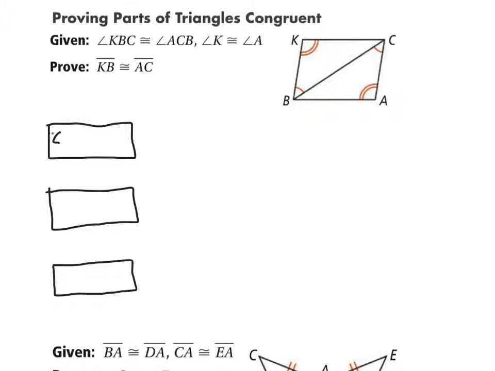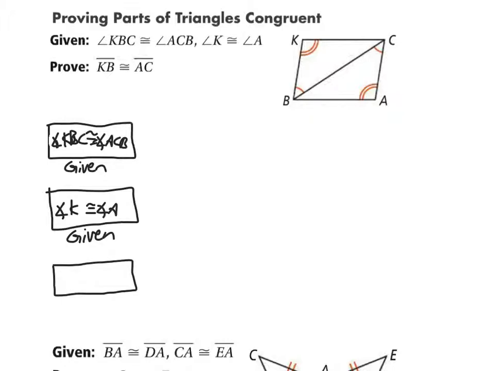So that means we need to have three pieces of information. And we know that angle KBC is congruent to angle ACB, that is given. We know that angle K is congruent to angle A, that is given.